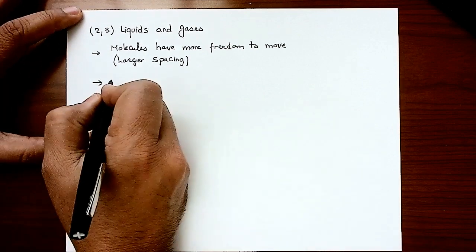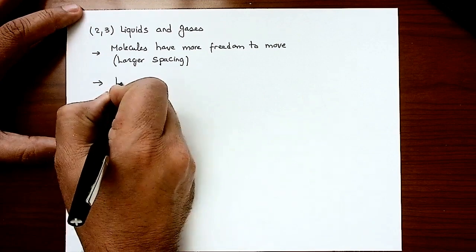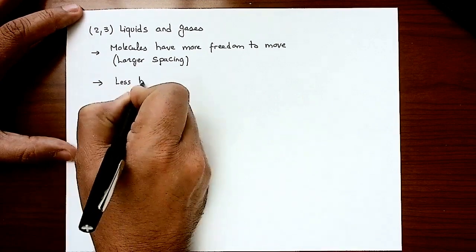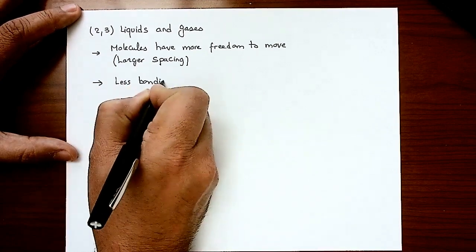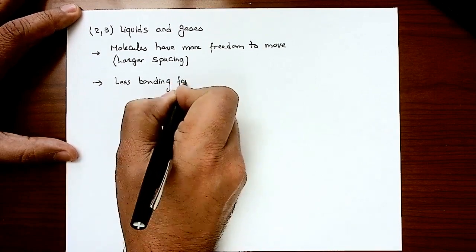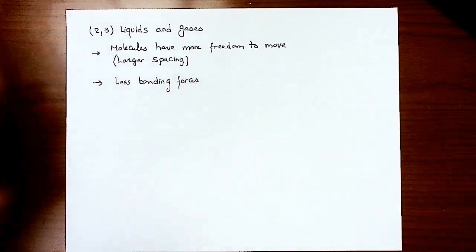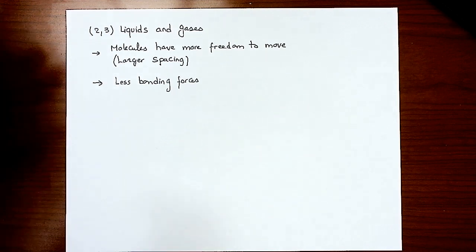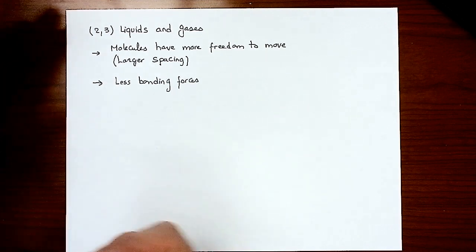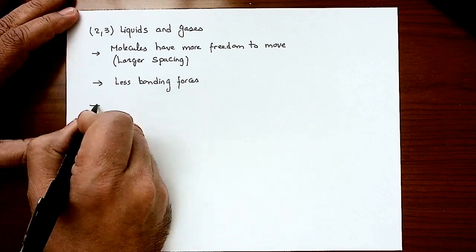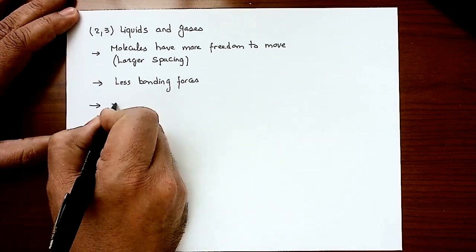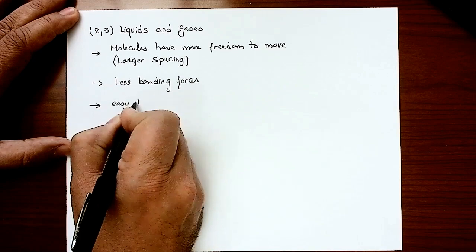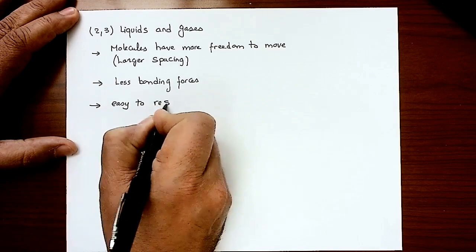So both liquids and gases have less bonding forces compared to solids. These characteristics give liquids and gases the ability to be easily reshaped, right? So they are easy to reshape.